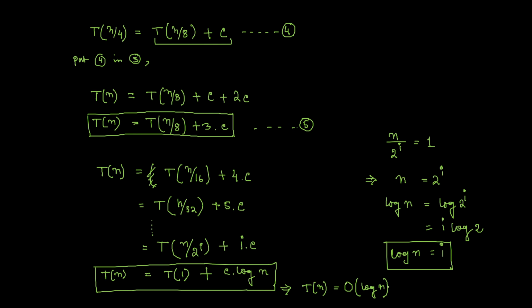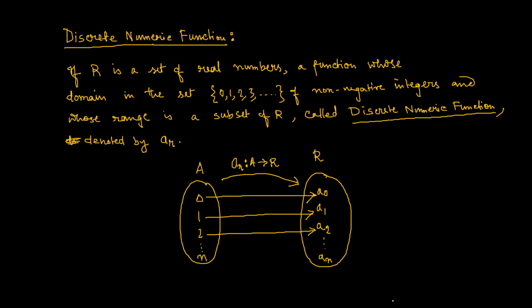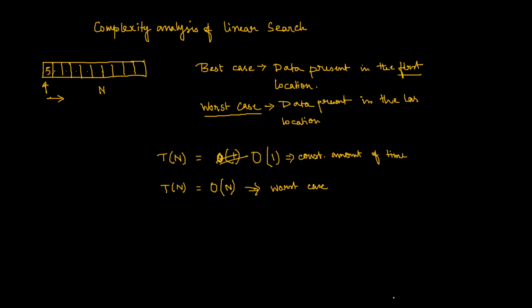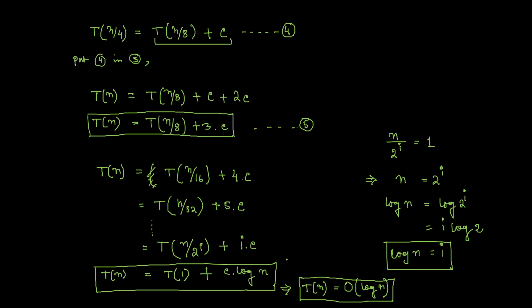So this is the worst case time complexity of binary search. If you compare the worst case time complexity with linear search, you will see that in case of linear search it was big O of n, and in case of binary search it is big O of log n.